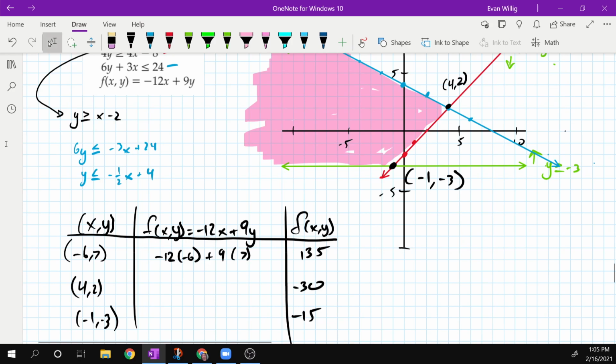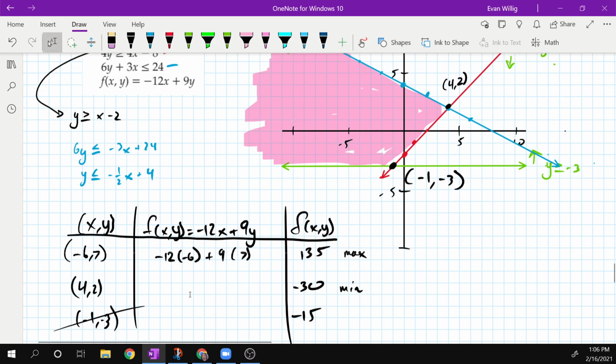Okay, so already we know -1, -3 is not a solution, or it's not a min or a max. We have two candidates, possible max here for 135, a possible minimum here at -30. All we need to do is see if I can contradict one of those things.